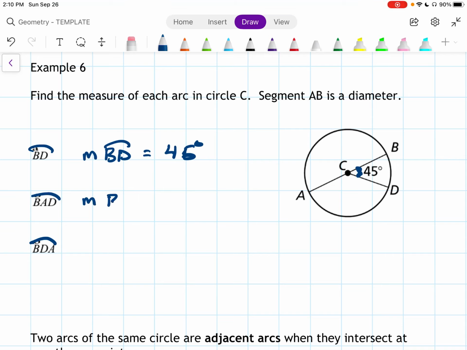Measure of arc BAD would be this way around. Let me see if I can draw that a little bit nicer. This way around, which would be 360 minus 45, which would be 315.